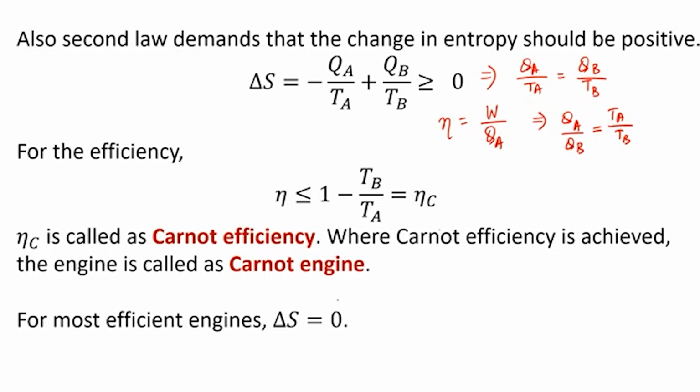So, this equality sign would hold in the efficiency, and so it differs from the maximum possible efficiency by this ratio Tb by Ta.